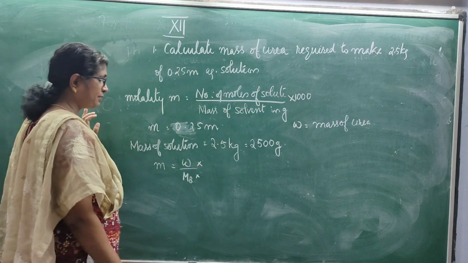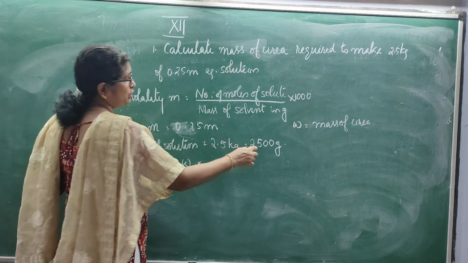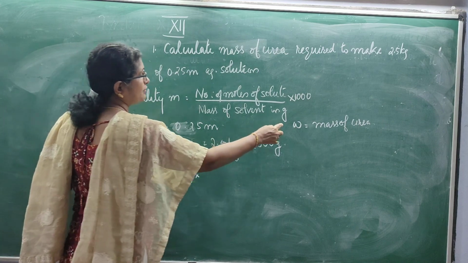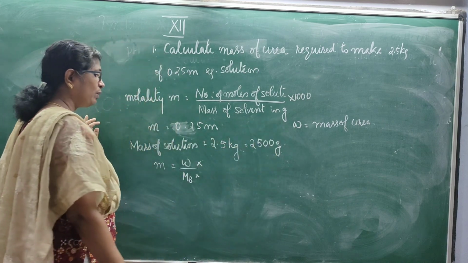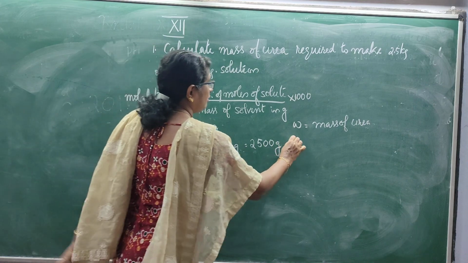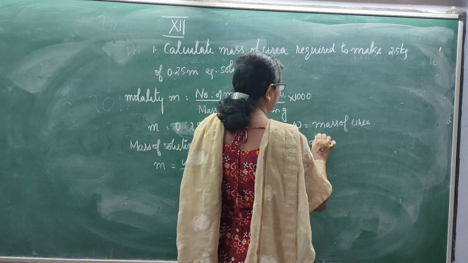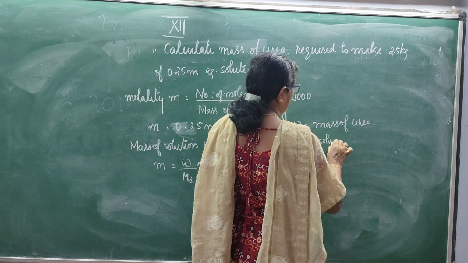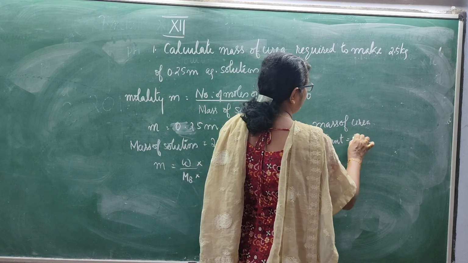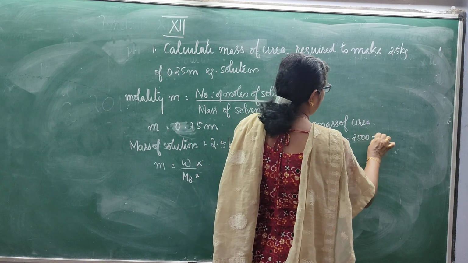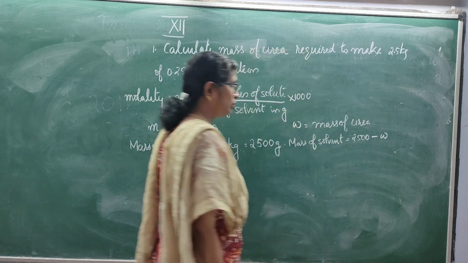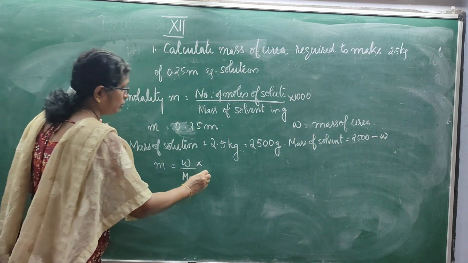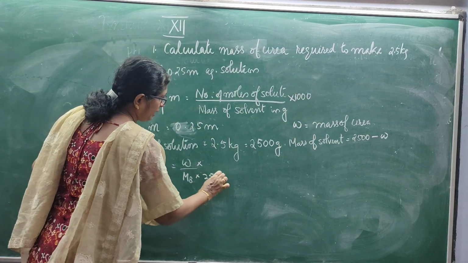How will you find out mass of solvent? Mass of solution is 2500 gram and mass of solute is W. So mass of solvent is equal to 2500 gram minus W. So you got mass of solvent, 2500 minus W.